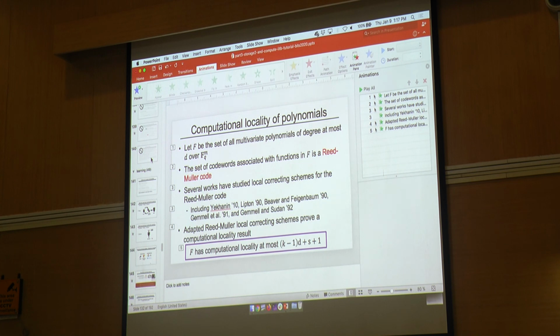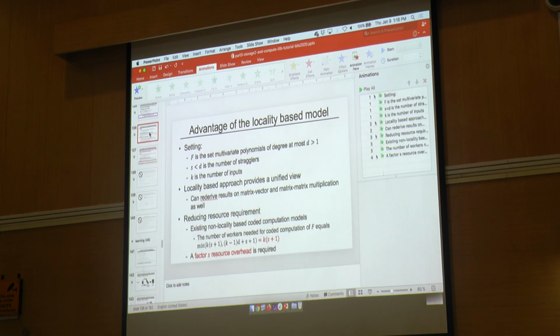So this locality based viewpoint helps us to exploit locality of the input symbols, and thus show that s plus 1 wise replication is not really fundamental, and one can design coded computation frameworks that overcome that.